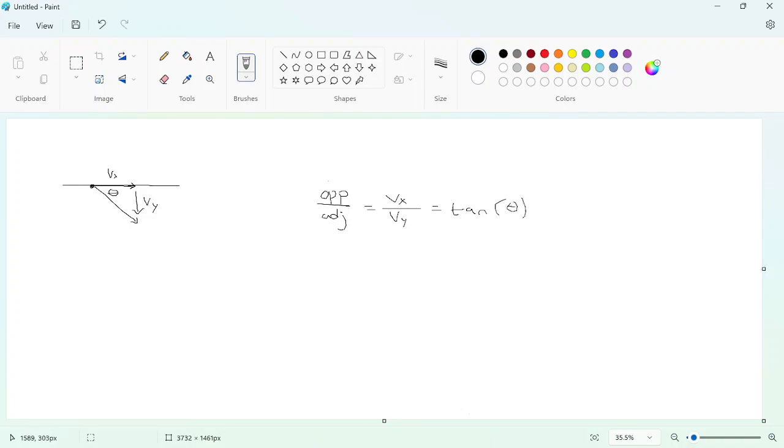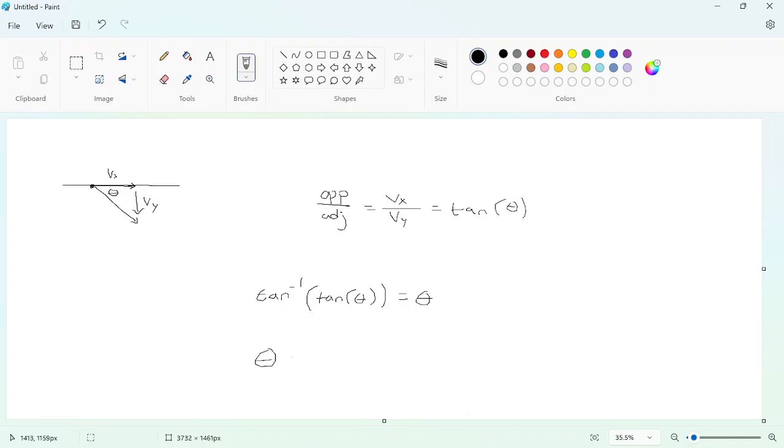Now, this is something you learn in pre-calculus. To acquire this angle, you would need to take the inverse tangent of everything. So the inverse tangent of tangent theta is just going to be equal to the angle.